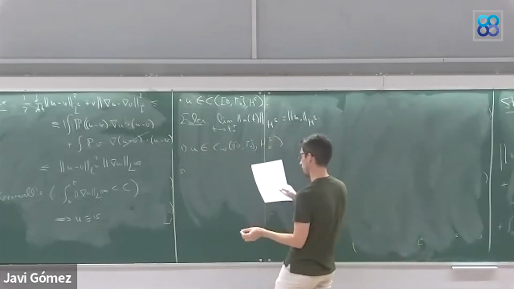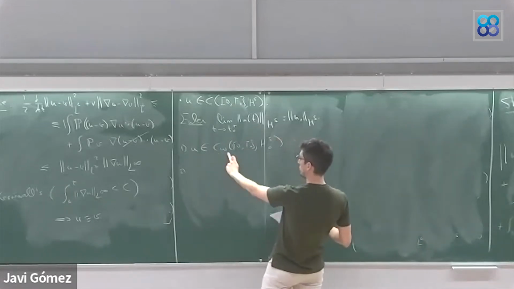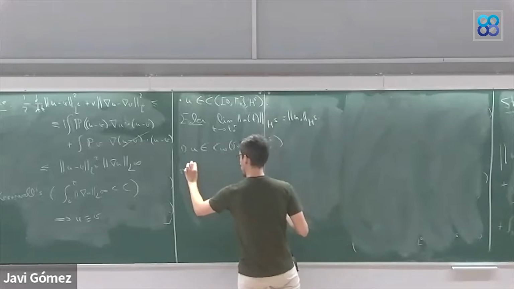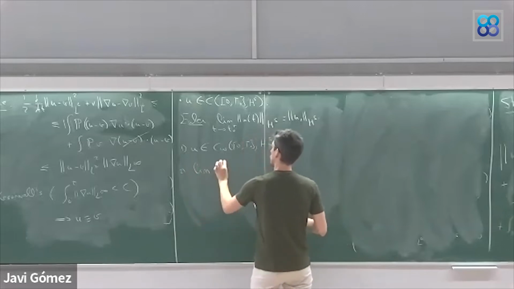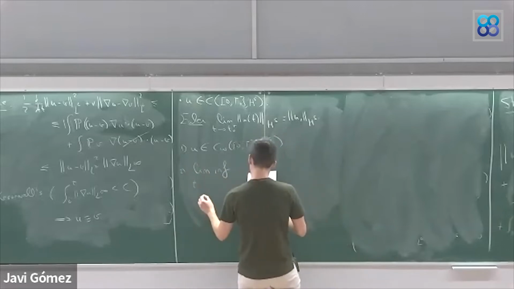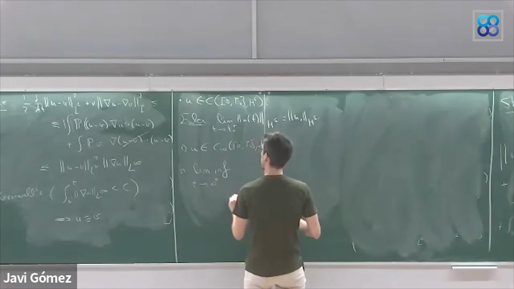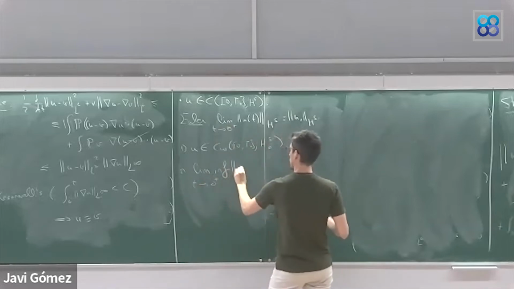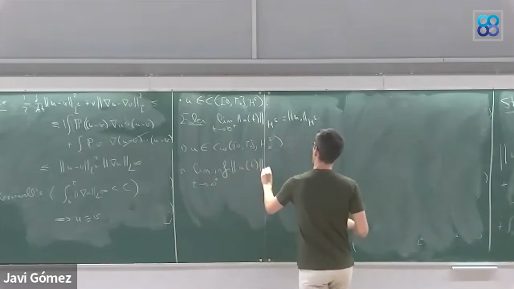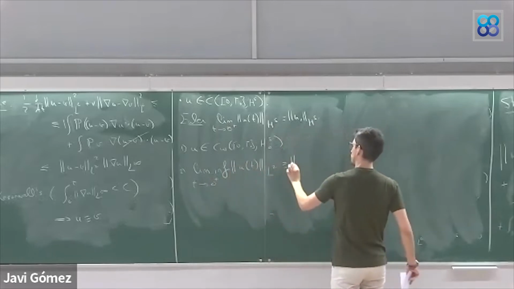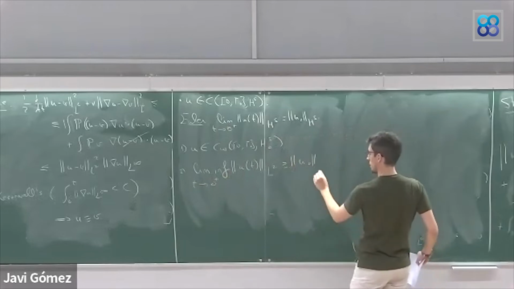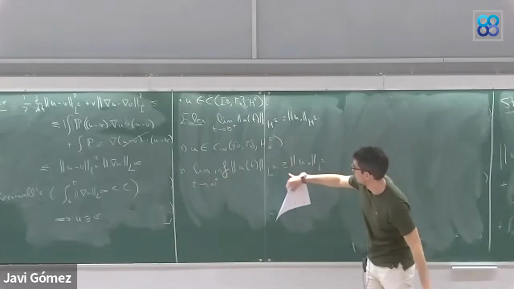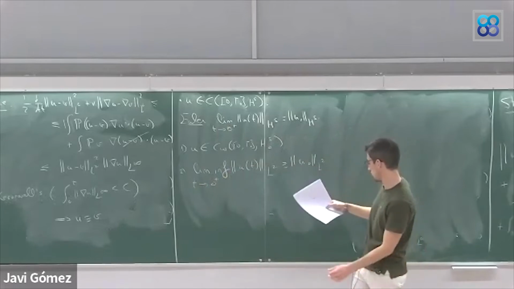Once we have this, then because of the weak continuity, we have, okay, so this was, and here I'm not using anything but properties of the weak convergence, so this is true.